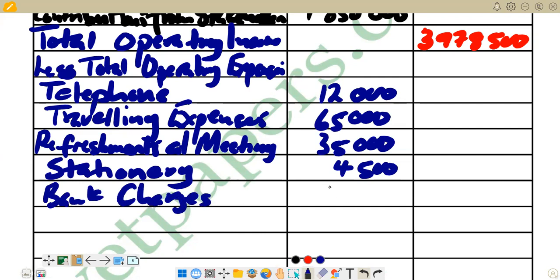Our bank charges, we have got 15,850. And then beneath bank charges, we've got audit fees. Our audit fees, we have got 12,000.